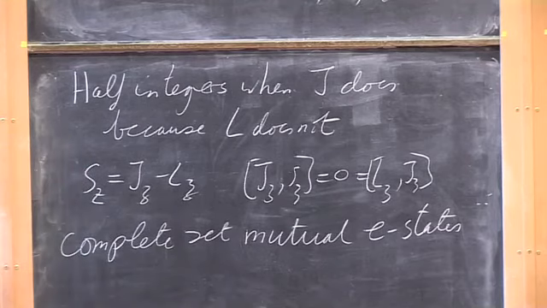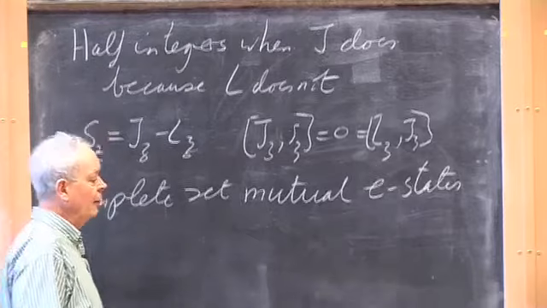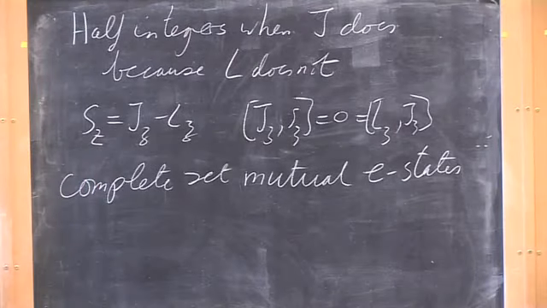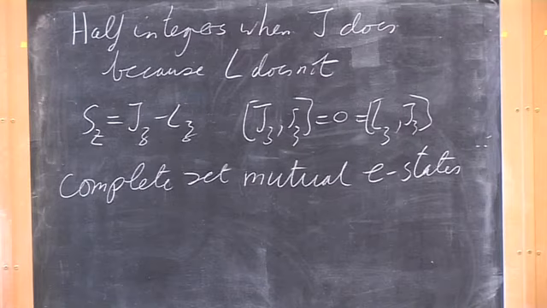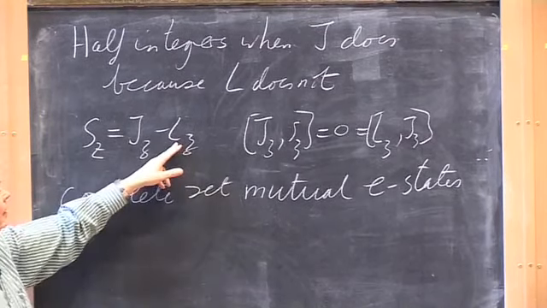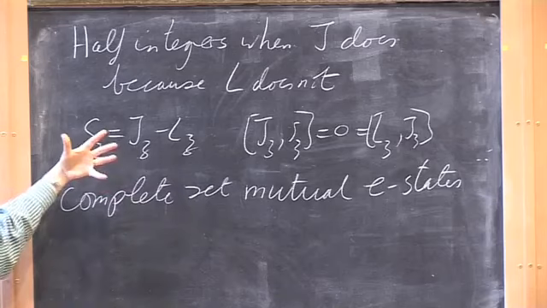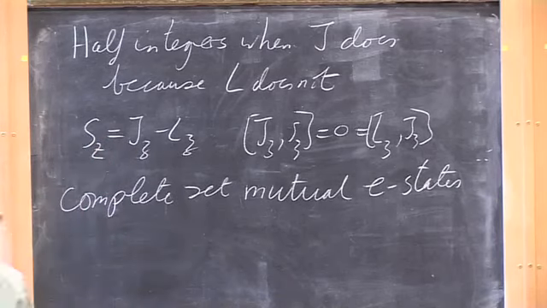Correspondingly, if J doesn't, S doesn't. It just tags along behind J. And indeed, that's how we tend to think about it. We tend to think that the integer amounts of angular momentum come from orbital motion, Lz, and the half integer values, if present, come from Sz, and that's why J has half integer values.